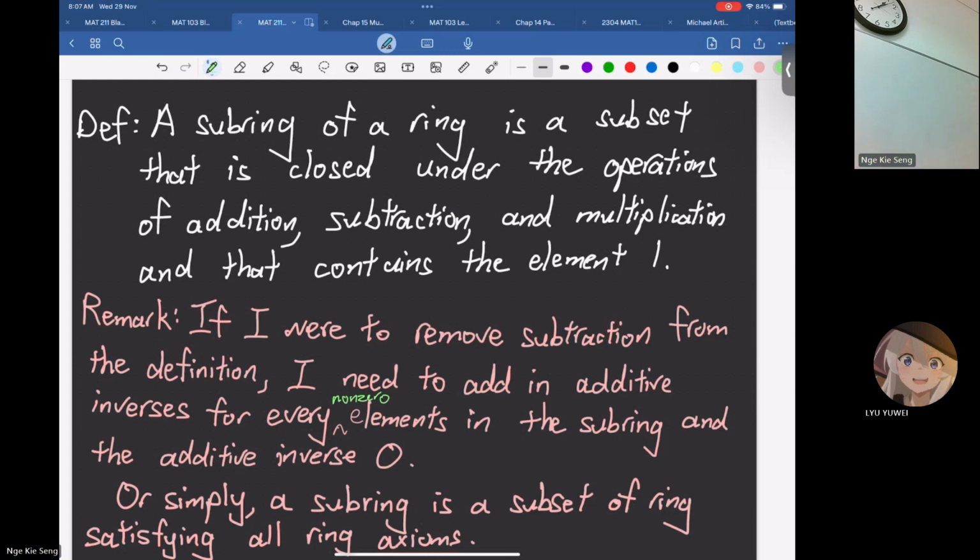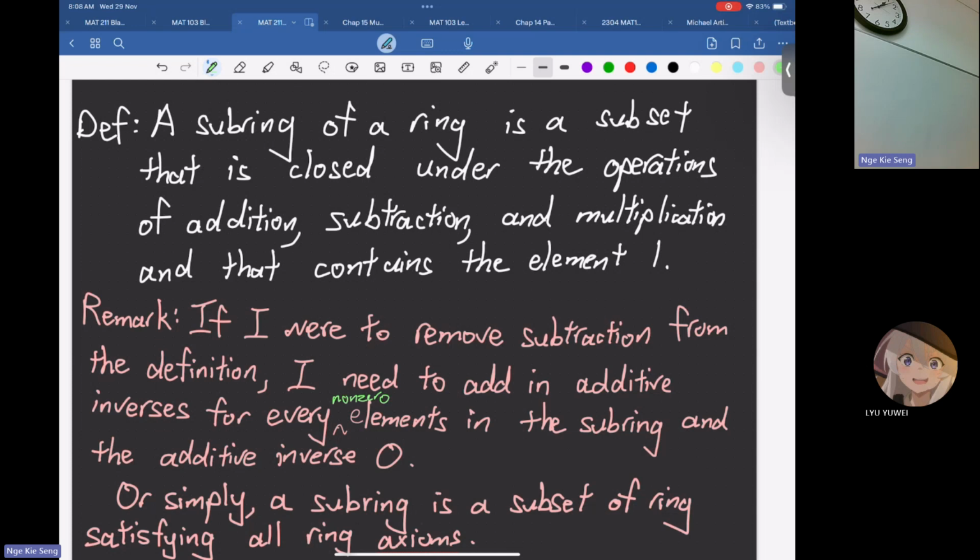Why? Because if I have the operation of subtraction, what does that do? For example, I have x inside my subset, so I can subtract x. If x minus x, what do you get? You get 0, so 0 will be inside my subring if I add in the operation of subtraction. And if I can subtract, minus x becomes the inverse of x, so all the elements will have the additive inverse.